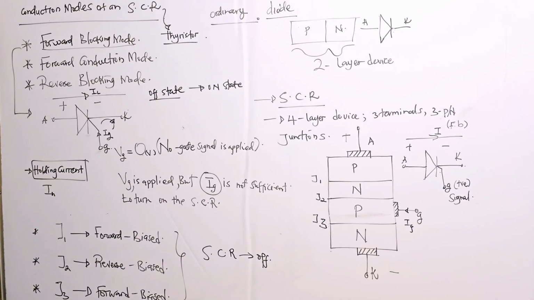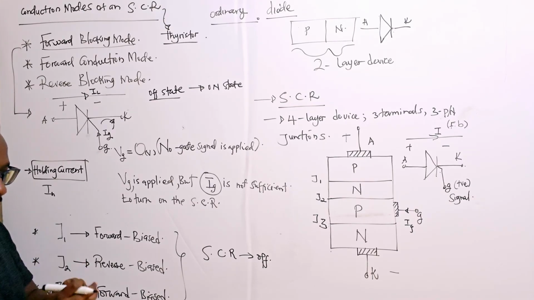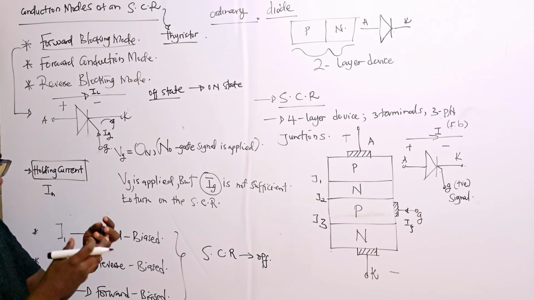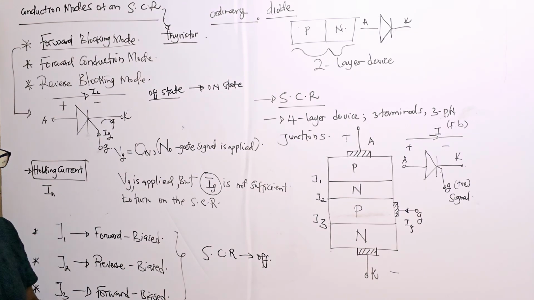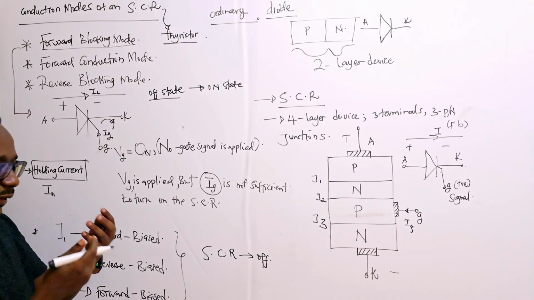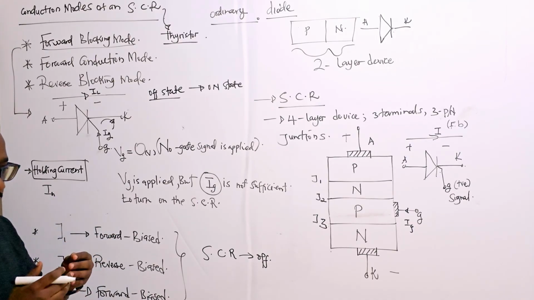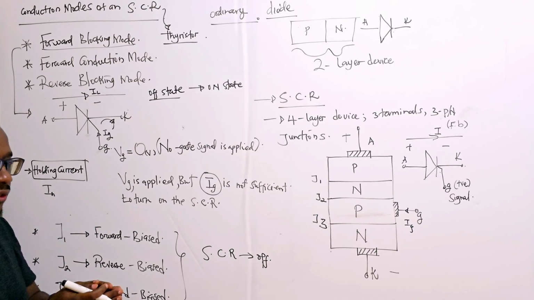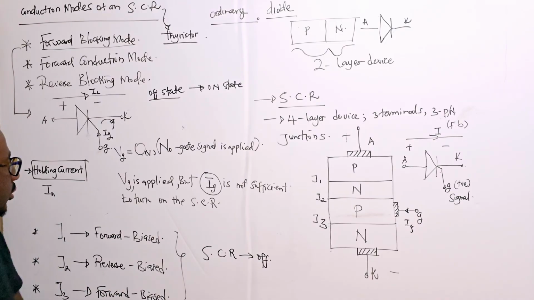Holding current, IH. This is the minimum load current or anode cathode current that is just required to maintain the SCR in the on state, even when the gate current is zero or the gate signal is turned off. You get the point.